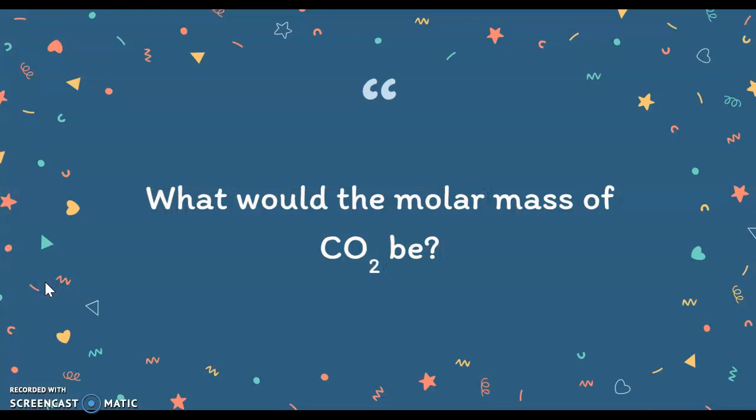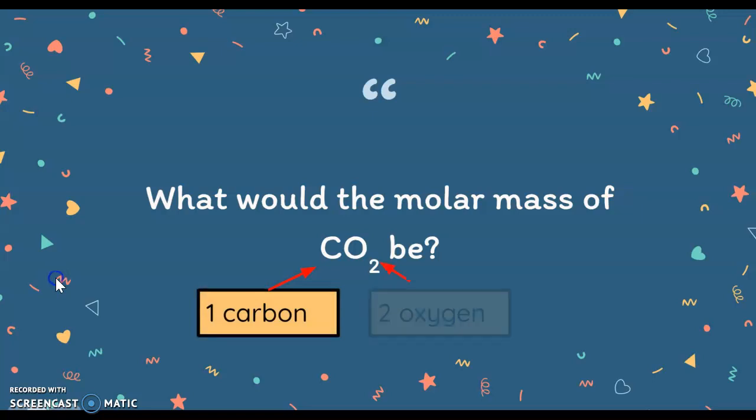So if you wanted to calculate the molar mass of a molecule, you can do that by counting up the number of atoms in your molecule and then adding them all up together. So for example, CO2 is made up of 1 carbon and 2 oxygens.